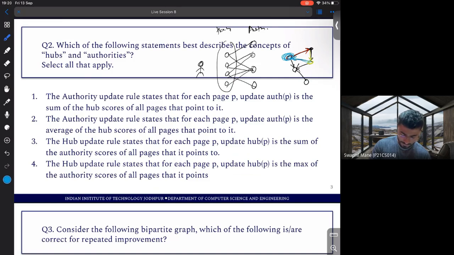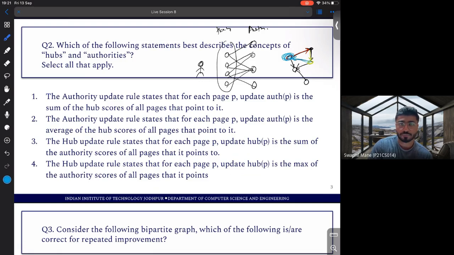The first option, the authority update rule, states that for each page p, update auth(p), where auth means authority. Here the node represents a page, and that page is recommending another page.